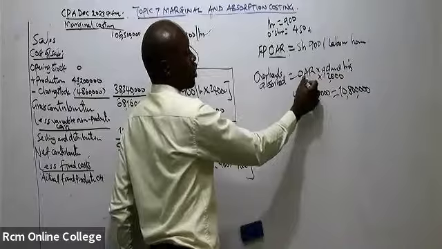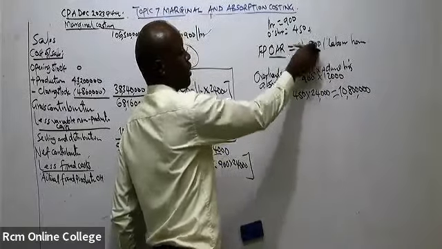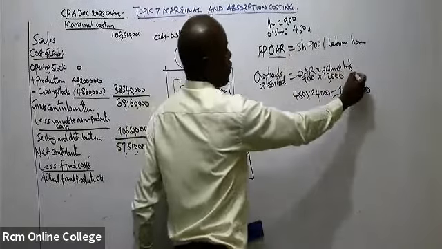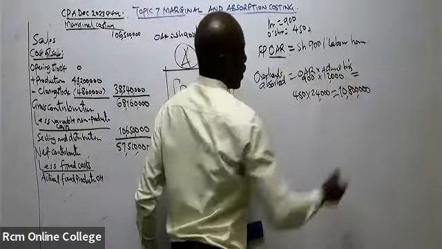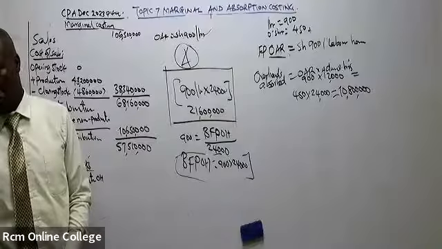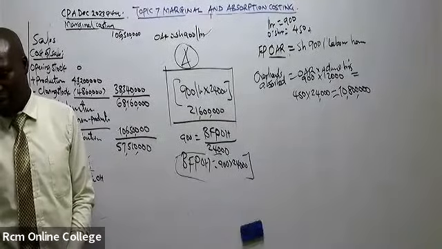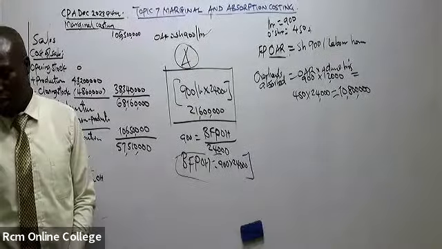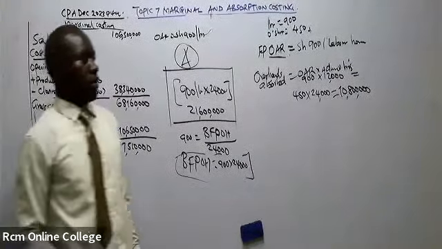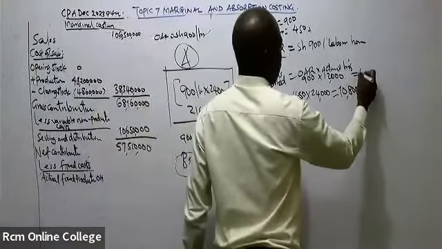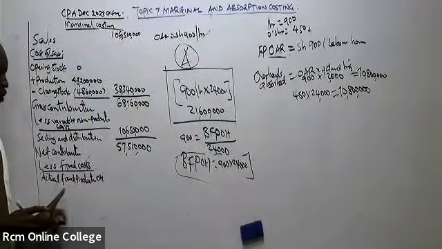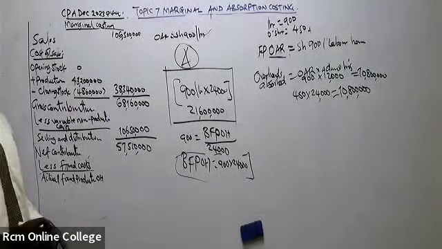It is 900 shillings per hour. So what will you have when you take 900 by 12,000? Will it give you the same thing? 10,800,000.